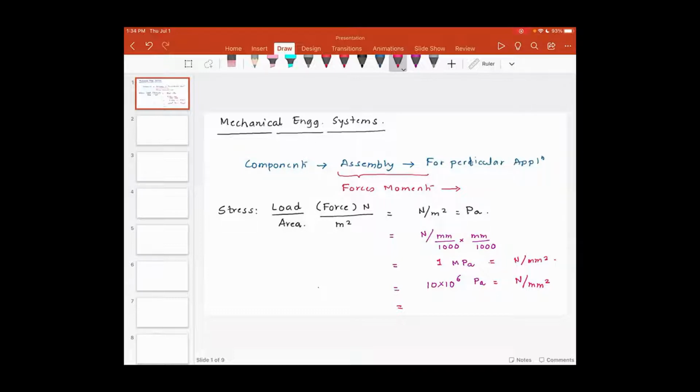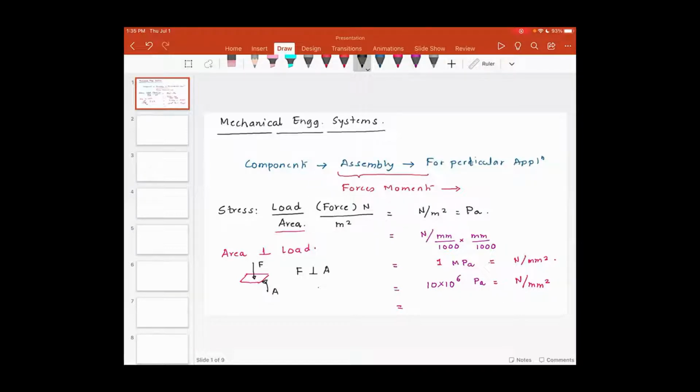Now, there are two ways a stress could be induced. First of all, let me talk about the relationship between the load and the area. Area could be perpendicular to the load. So what that means is, if you look at an area, and if you look at the force, I'm going to call this F, and this is the area A, then the force is perpendicular to the area.